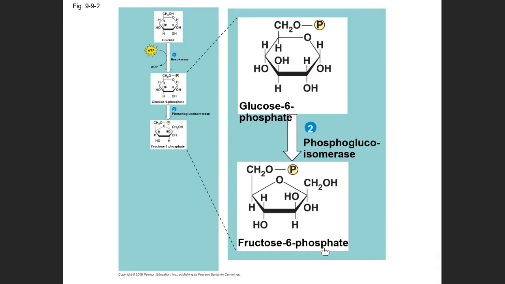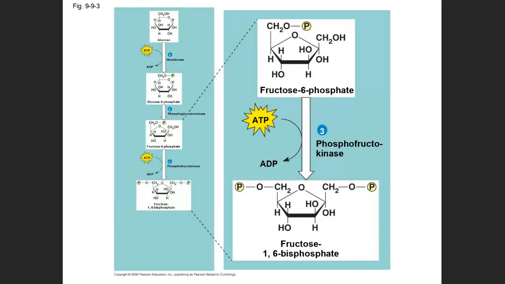But another enzyme, phosphoglucoisomerase, is what does that. So it converts the glucose 6-phosphate into fructose 6-phosphate. And then the fructose 6-phosphate is again going to be phosphorylated, so another ATP is going to be used here. And the enzyme is phosphofructokinase. Don't need to remember these enzymes.